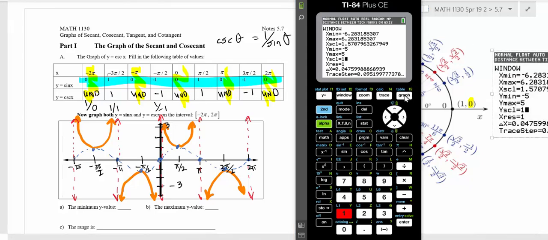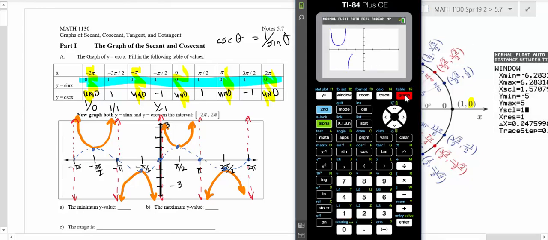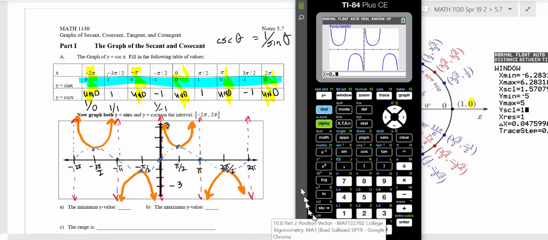So what you'd end up getting is the same kind of thing that we created. And basically what happens if you were to trace, for instance, if I picked a number barely to the right of 0, like if I traced at 0.01, that's a little bit to the right, notice you get a real big number.